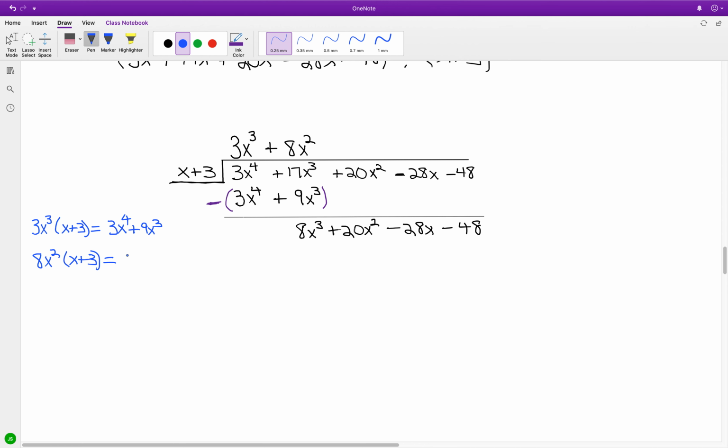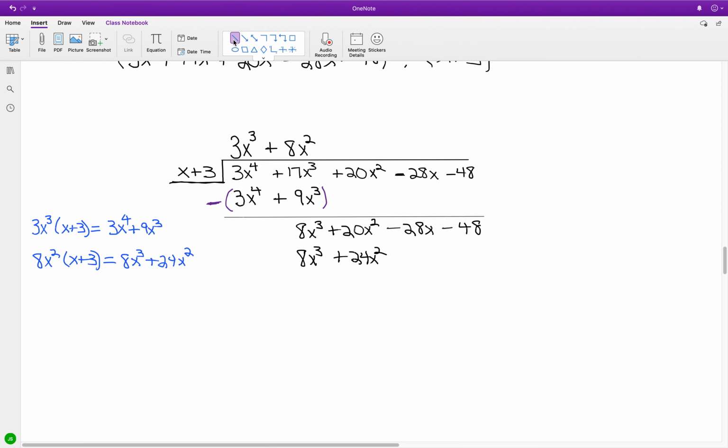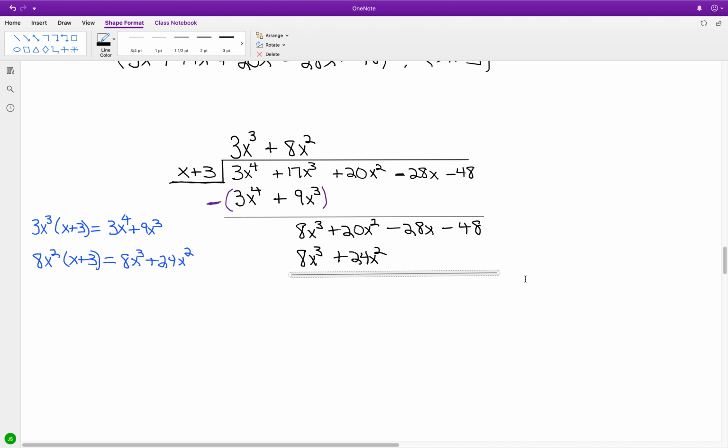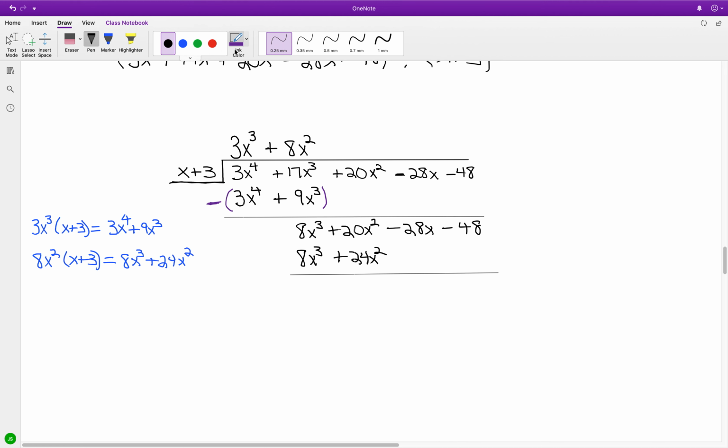So this will form 8x cubed plus 24x squared, and we'll have those terms lined up underneath what we have after the formation of the terms resulting from the first round of the long division. So we have the cubic terms as well as the second order terms lined up.